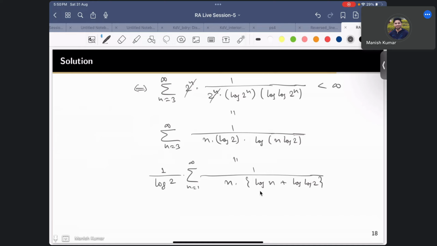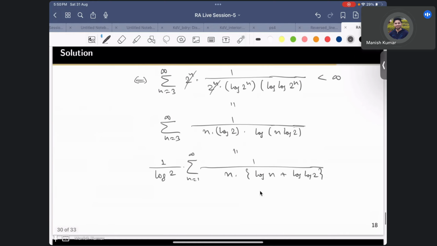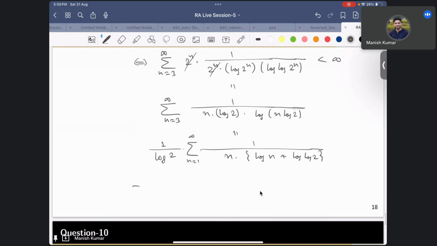So this is convergent if and only if this is convergent, and again I'll use the Cauchy condensation test.